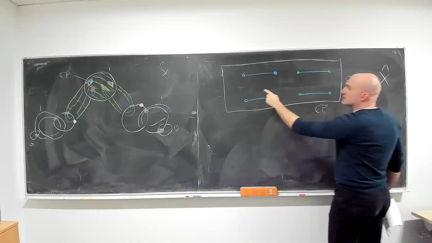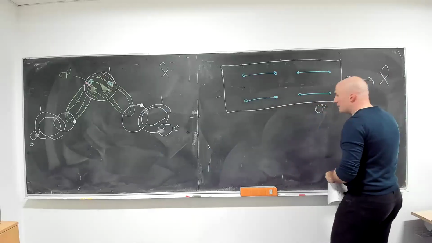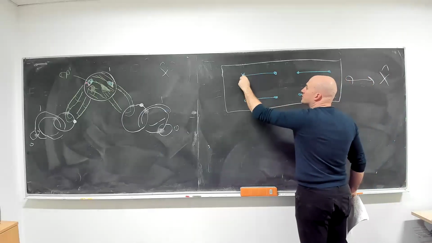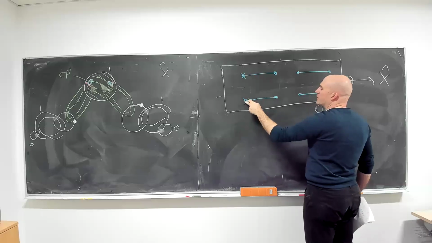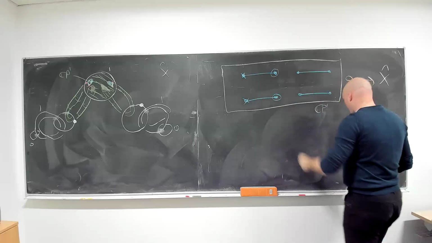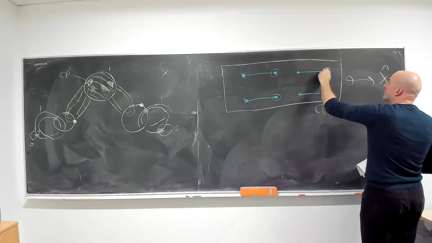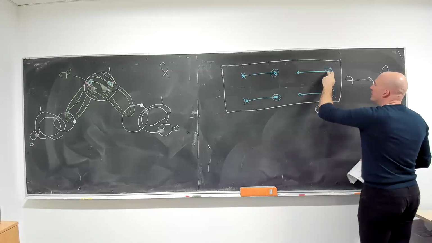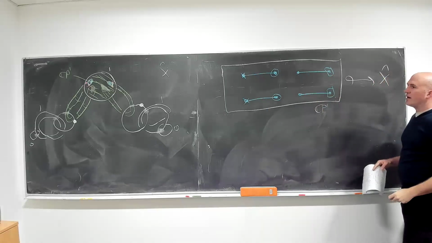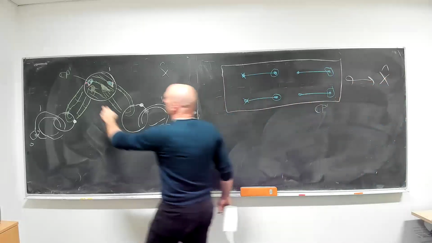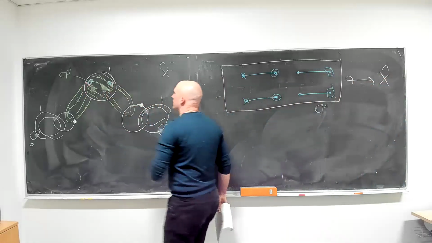And what that means is we've got these double points, and so this one, when you map it in, will be identified with this one, and this one will be identified with this one, and this one with this one. So you get 4 double points, which is the 4 red dots in this picture.